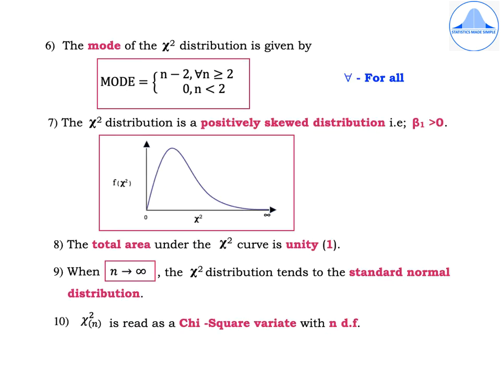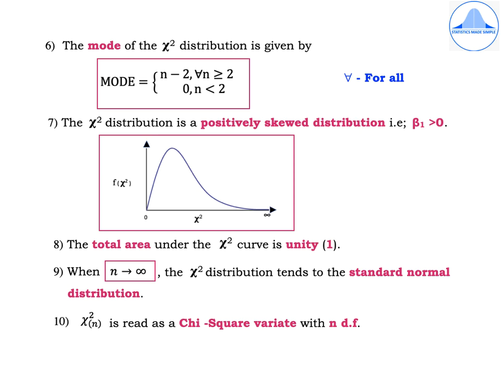The sixth property is the mode of the chi-square distribution, which is given by mode equal to, open the flower bracket. The formula is n minus 2, for all n greater than or equal to 2. And in the next line, we have 0 whenever n is less than 2.